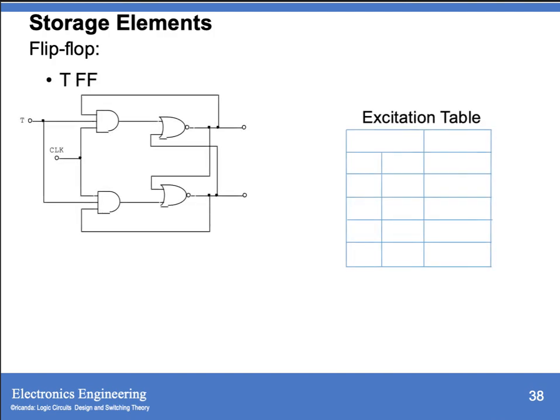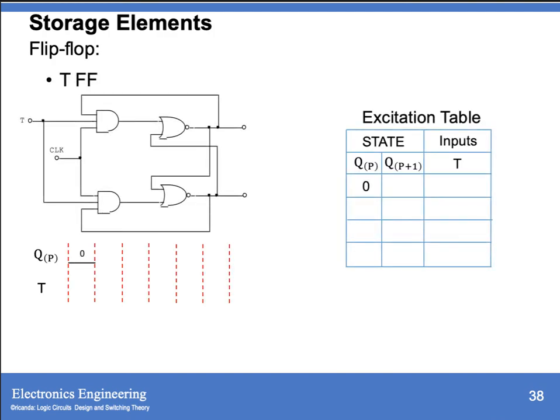For T flip-flop, from 0 going to 0, so we first begin that your T is at 0. So going to 0 from 0, your T must be 0. If it's going to 1, T must be 1.